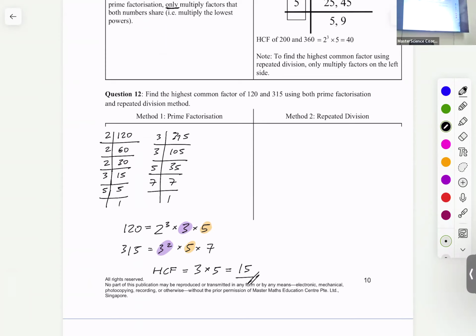So here we have two numbers, 120 and 315. Can you turn to page 10? In secondary school, they won't tell you to turn to page 10. You must straight away open to page 10.